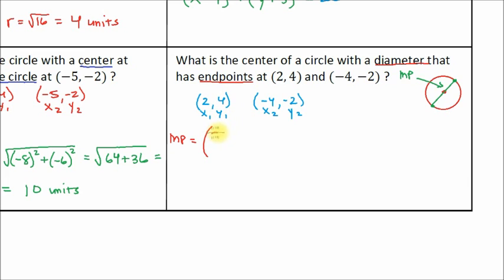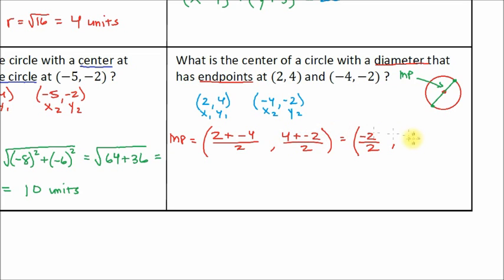It's x sub 1 plus x sub 2 over 2, and then y sub 1 plus y sub 2 over 2. We've got some negatives in here that we have to resolve. 2 plus -4 is 2 minus 4. That's -2 over 2.